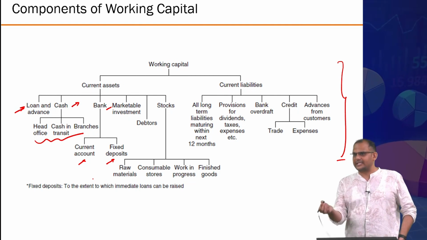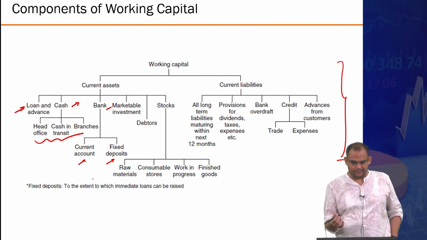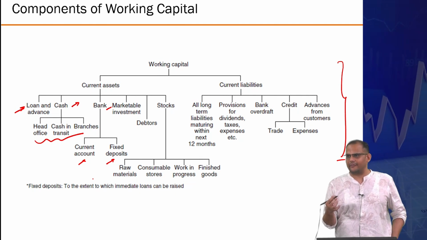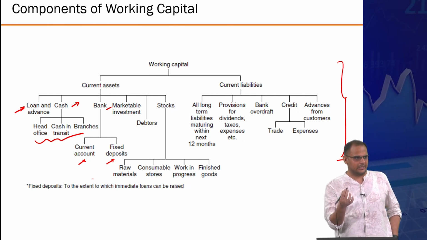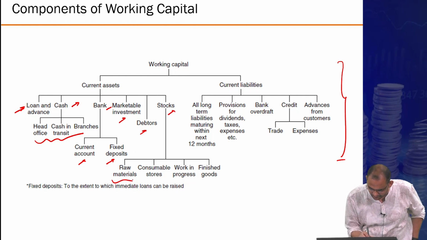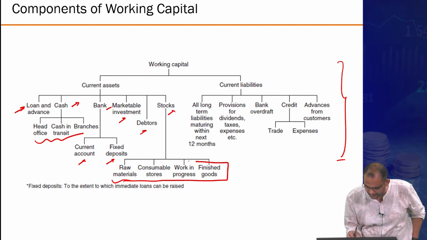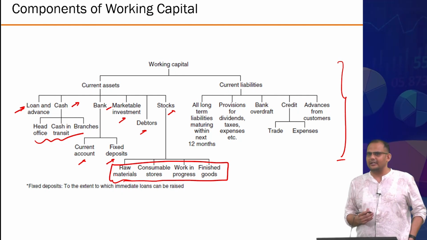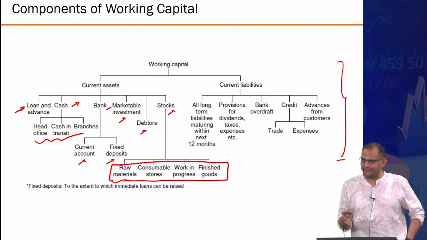Current account is a business account essentially that deals with your money in your bank. Fixed deposits is some sort of an investment that you get frequent returns on. Marketable investment, debtors, stocks of raw material, consumable stores, work in progress and finished goods. All of these are some components of the current assets that we have already seen.